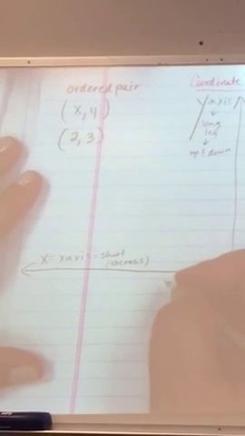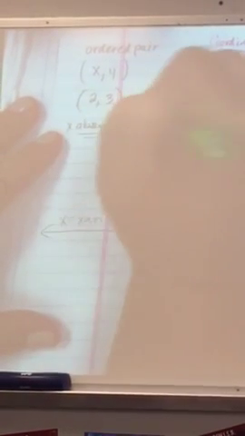You know that when you have an x and a y together, it's called an ordered pair. For example, (2, 3) would be an ordered pair. And in an ordered pair, the x always comes first.